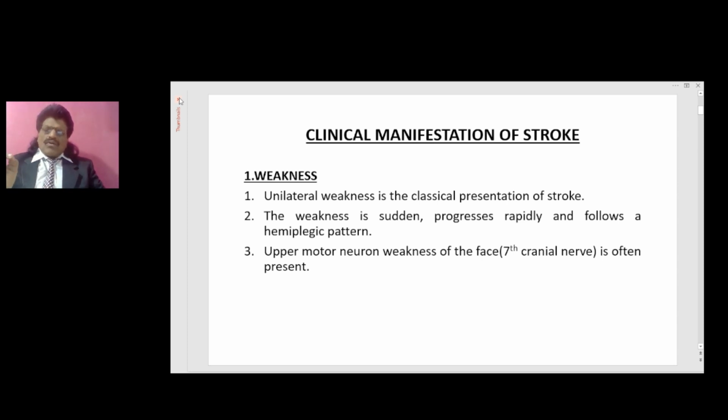Upper motor neuron weakness of the face, 7th nerve, is often present. 7th nerve is the nerve usually involved in stroke because all cranial nerves have bilateral innervation, but the 7th nerve, the lower part, has only contralateral innervation. Because of that, stroke usually affects the 7th nerve and causes upper motor neuron weakness of the 7th nerve, which is often present.